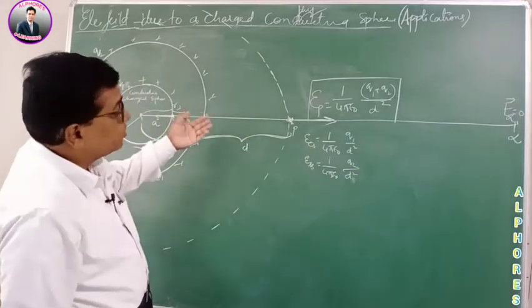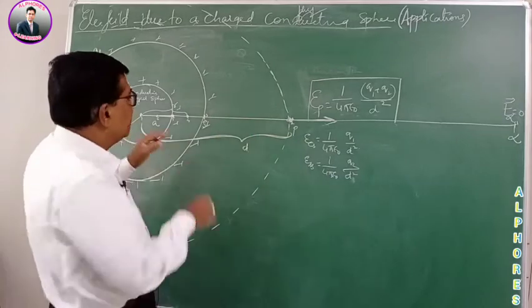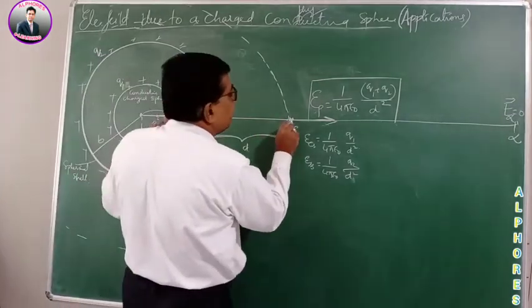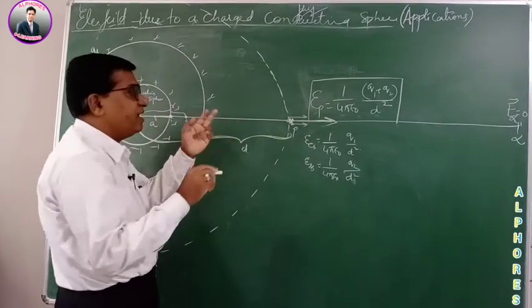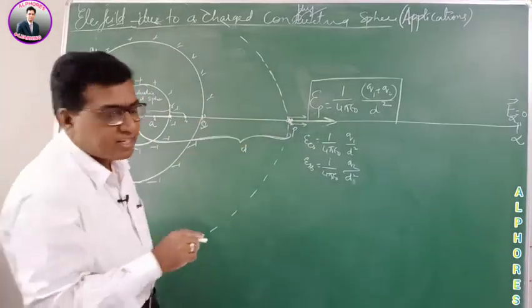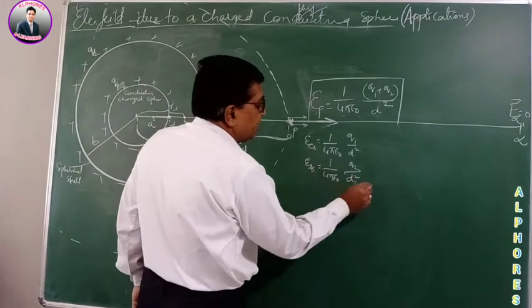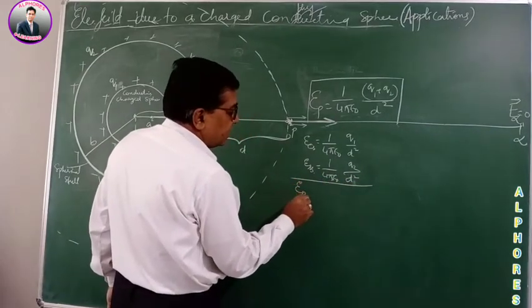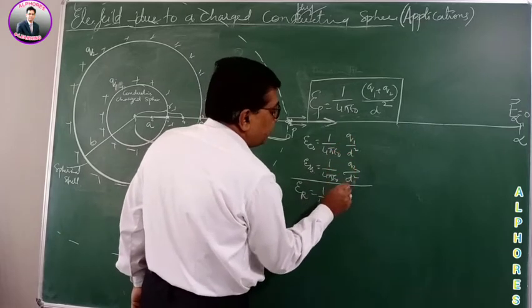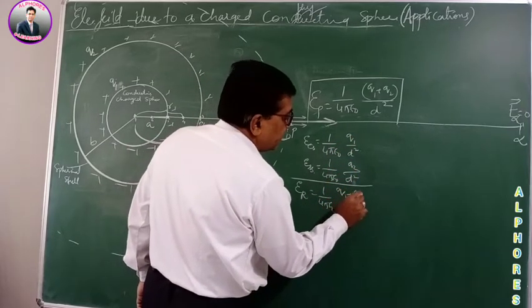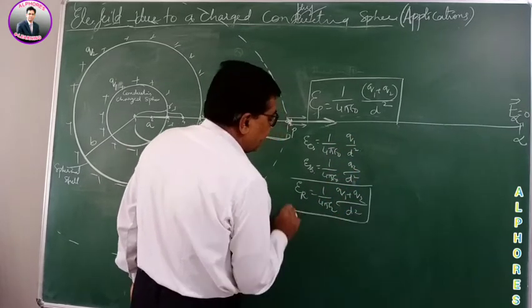Now, both the electric fields will be radially outward. For a conducting spherical shell, the field is in this direction, and for the conducting sphere also, both the fields are in the same direction. Since both are in the same direction, you can add them. Then the resultant electric field is 1 by 4 pi epsilon naught, Q1 by d square plus Q2 by d square, so together it is Q1 plus Q2 by d square.